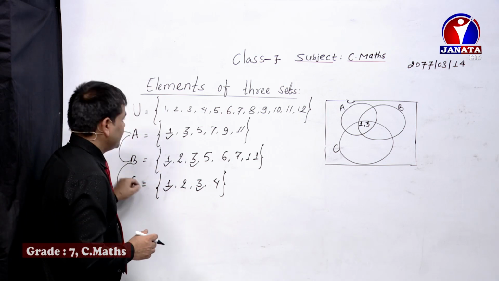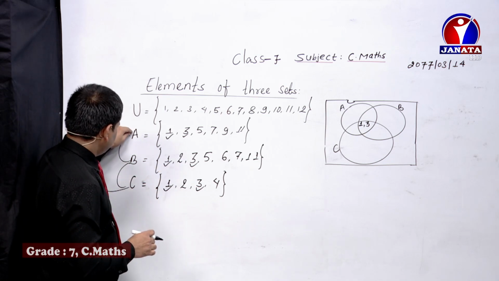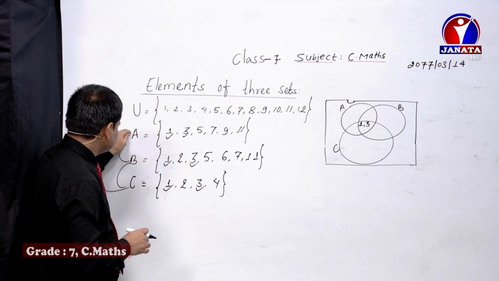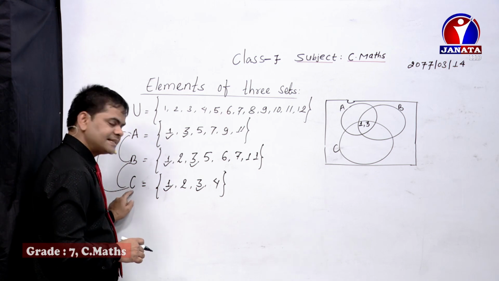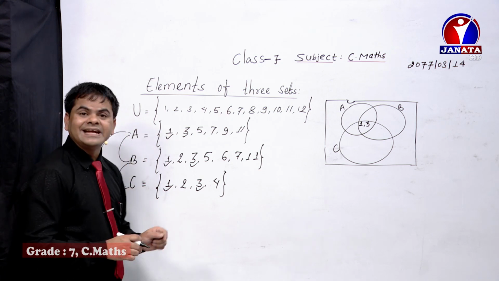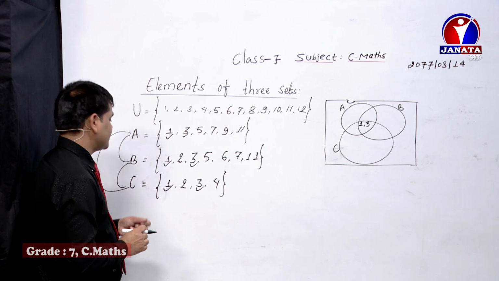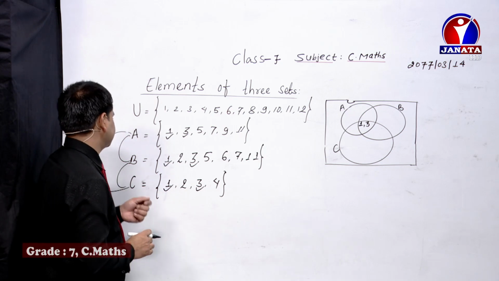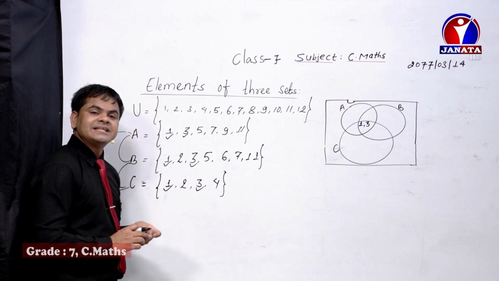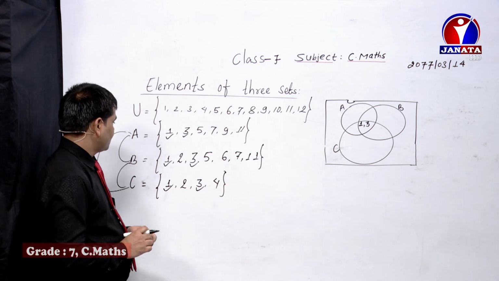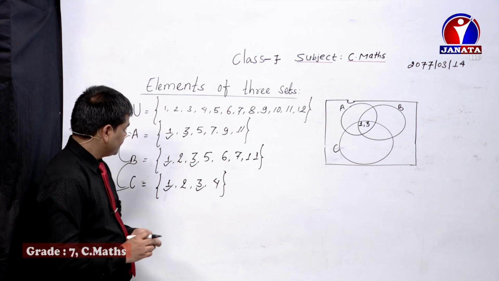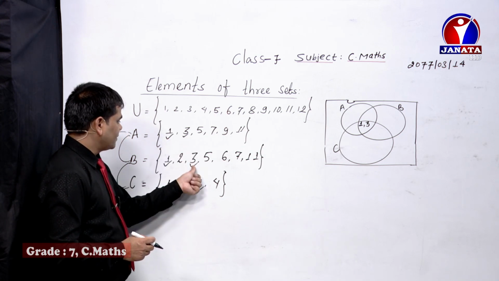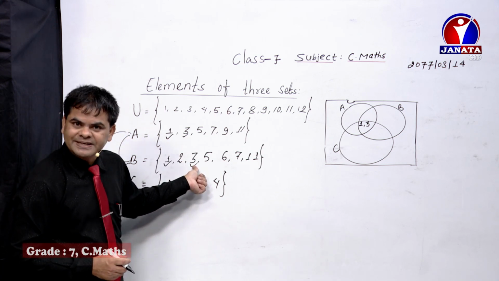First of all, if you see the three sets A, B, C, let's keep the elements of A and B which are common, and again B and C, and thirdly A and C, those elements which are common for these two sets. If you see in the A and B sets, which are common and not ticked till now? 1 and 3 we have already ticked, now we cannot repeat them.